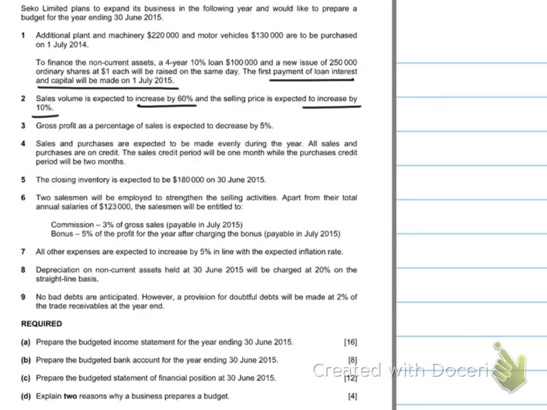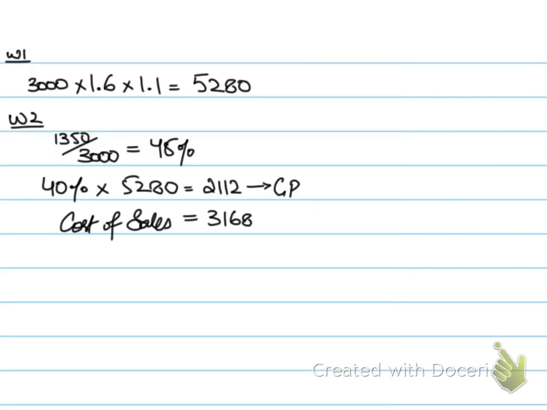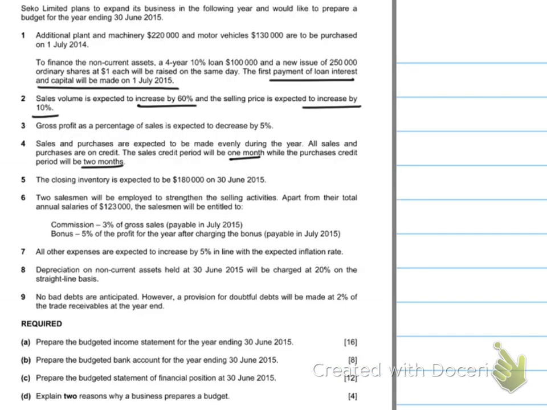Sales and purchases are expected to be made evenly during the year. All sales and purchases are on credit. The sales credit period will be 1 month, while the purchases credit period will be 2 months. First I need to calculate my purchases. I know my cost of sales, and the closing inventory is expected to be 180,000.